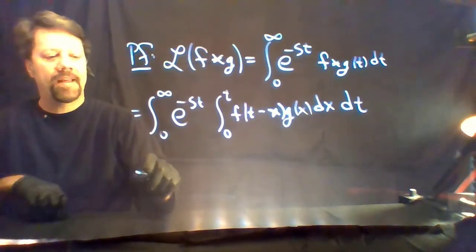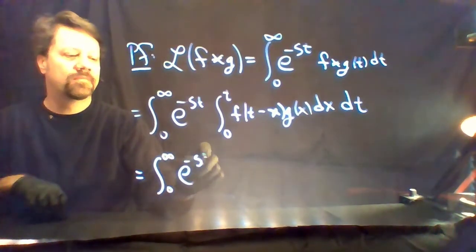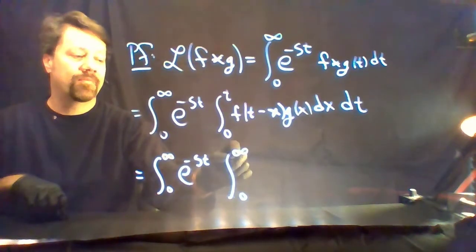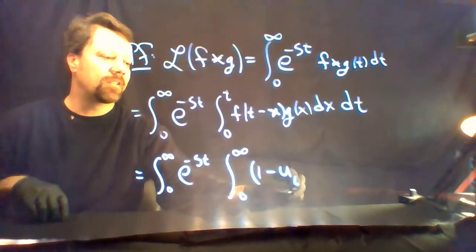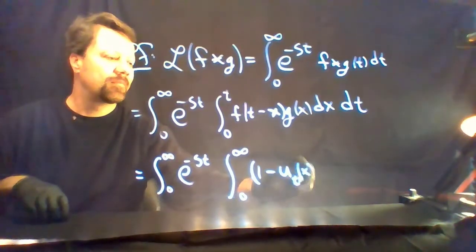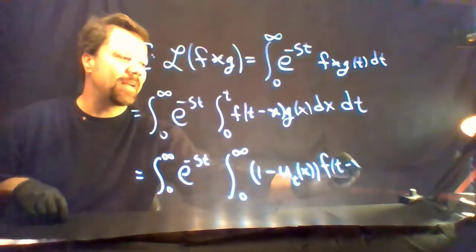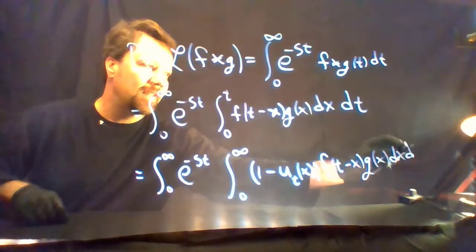Notice that we can rewrite the second integral as the integral from 0 to infinity of 1 minus the step function that occurs at t, f of t minus x, g of x, dx, dt.